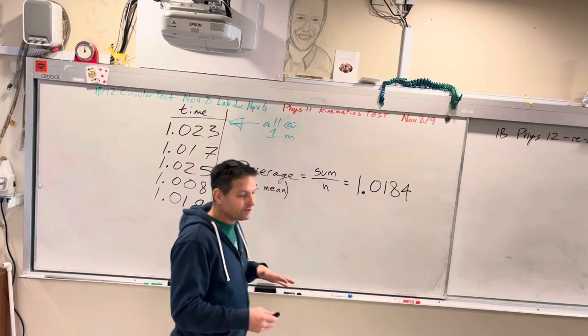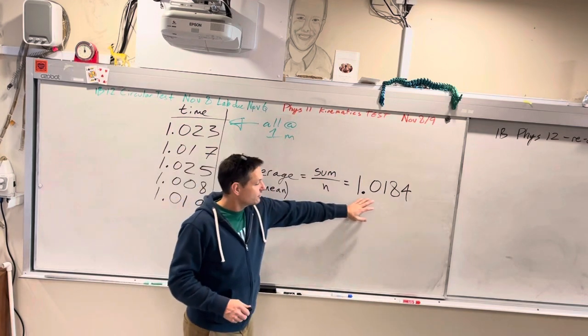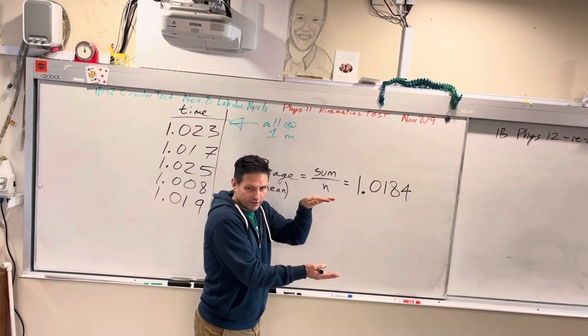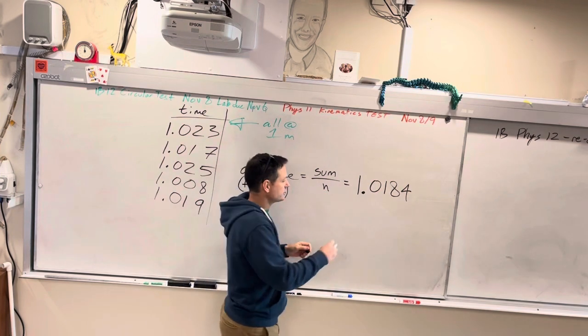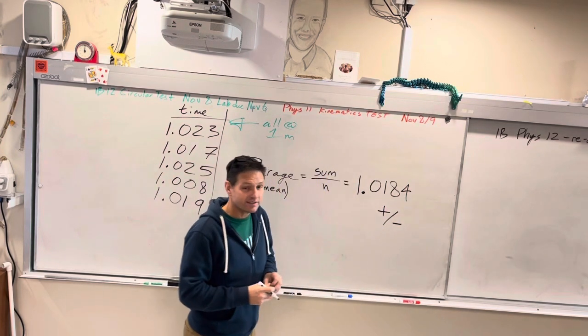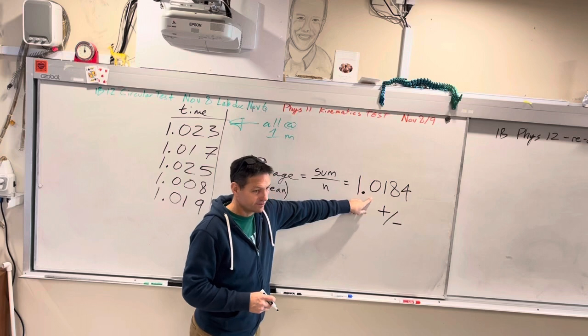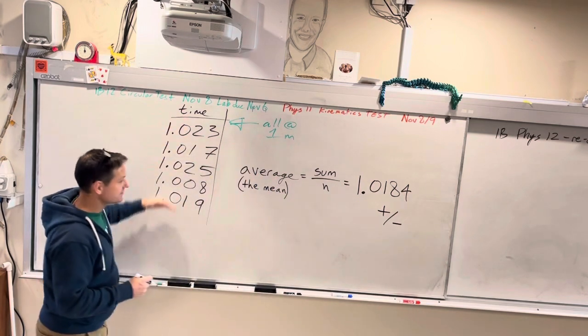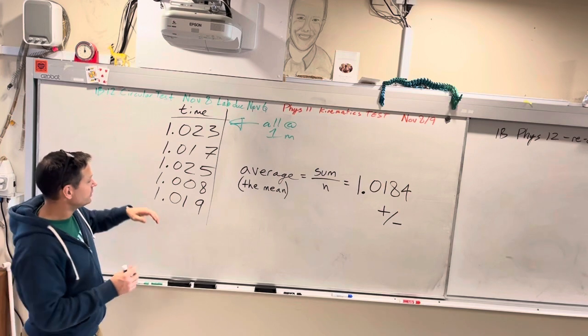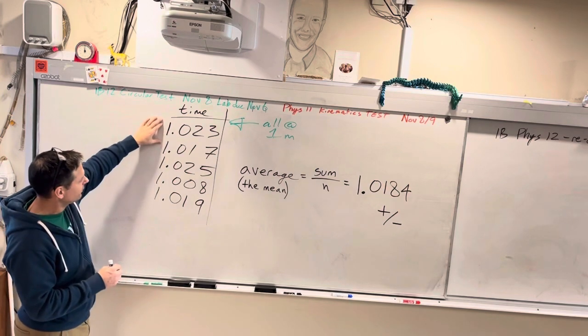The best we can do is say, it's around here, but it could be in a range. And the range we're gonna say is plus or minus the biggest distance between this and any of these data points.